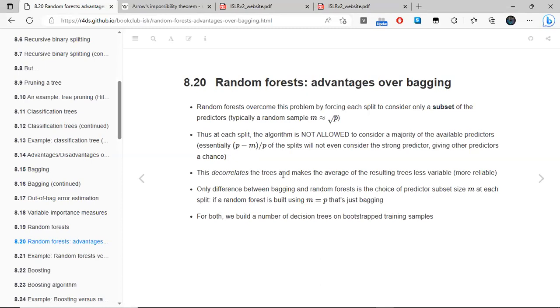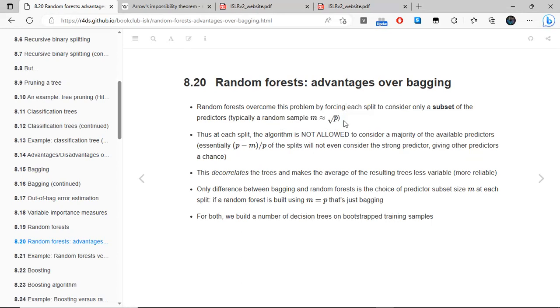So how can we make it so that these trees have a smaller correlation between each other? Each time we are creating a decision tree, we are not able to choose out of all the predictors, but only out of a sample of approximately the square root of p predictors.